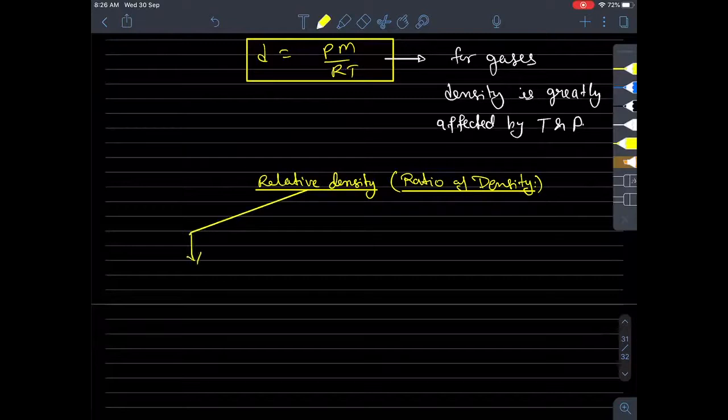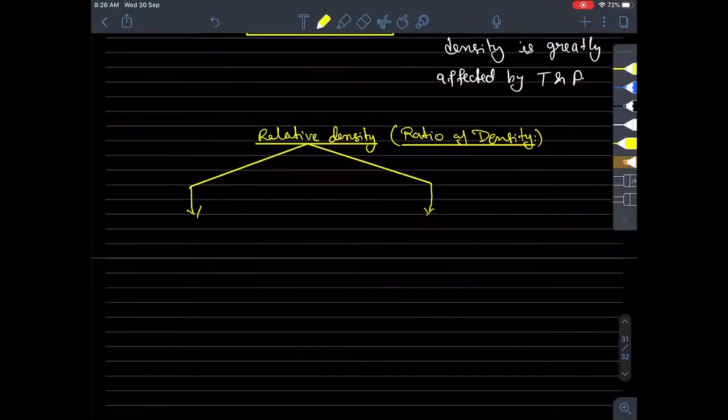There are two such terms defined which are very popularly used. Number one, you would have heard about specific gravity. And number two, which you would have heard, is vapor density.